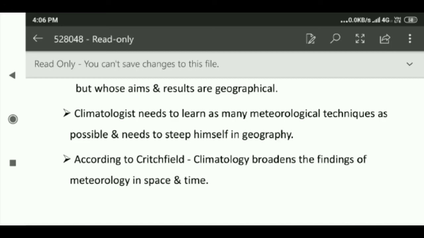Climate is a crucial or paramount factor in the natural environment of all living and non-living world. Its influences are direct and indirect, from simple to complex.